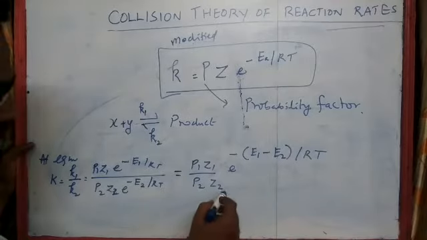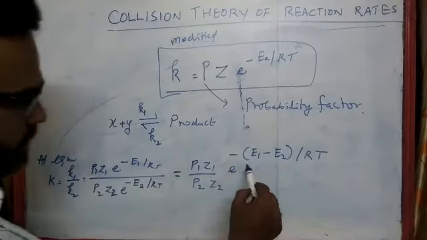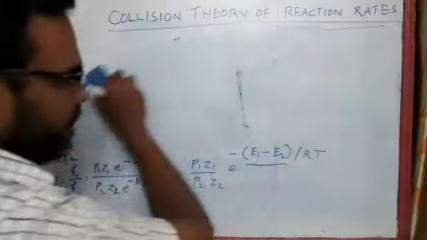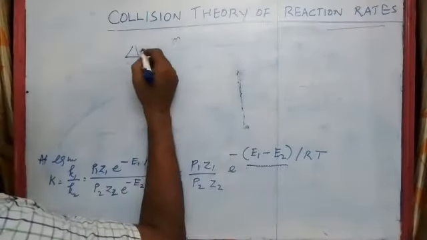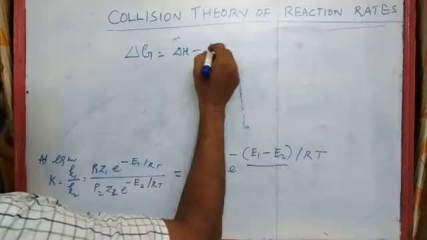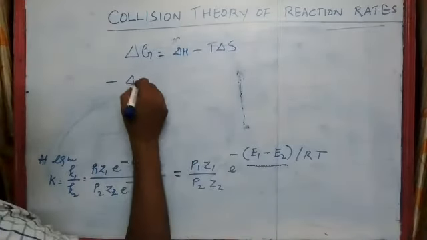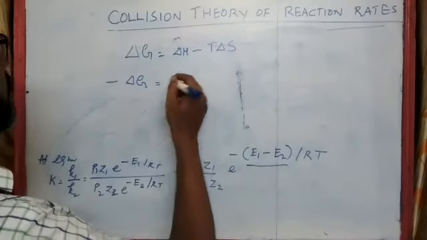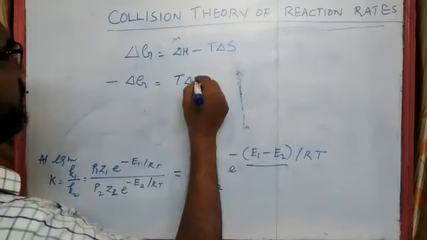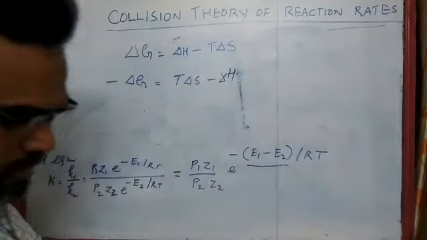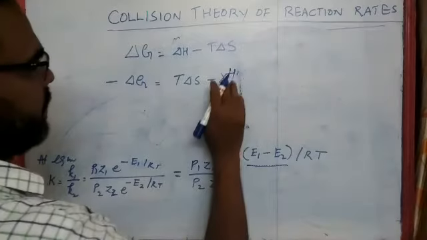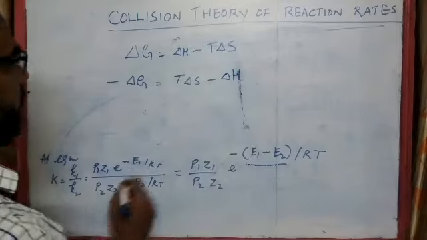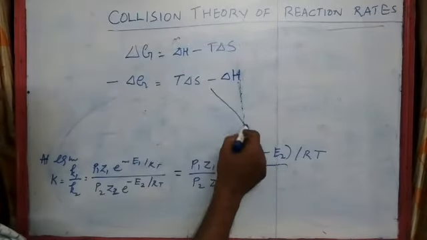So this term E1 minus E2 can be taken as an energy term, or as the free energy of the reaction, delta G equal to delta H minus T delta S. If I have minus delta G, then this becomes minus delta H, or, multiplying by minus, T delta S minus delta H. If you substitute this in the equation, what will happen?